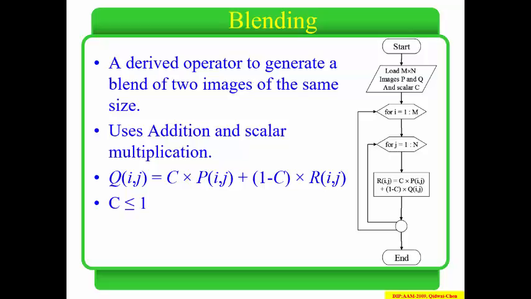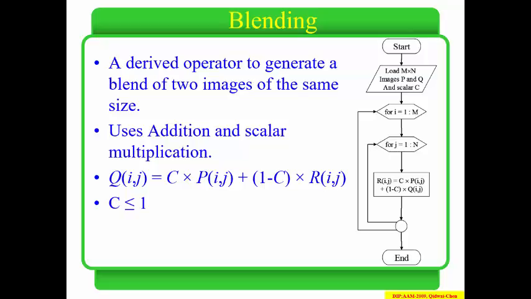So, for example, if I want 80% of P and 20% of R, in this case C should be equal to 0.8, and 1 minus C will be equal to 0.2. So the resulting image Q will be equal to 0.8 of image P plus 0.2 of image R. If I want, for example, 60 and 40, I will put 0.6 and 1 minus 0.6, which is 0.4.